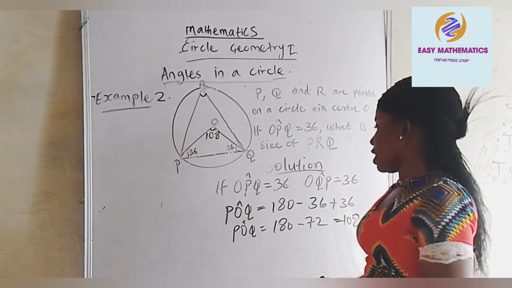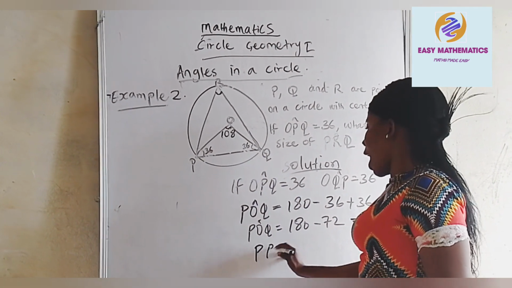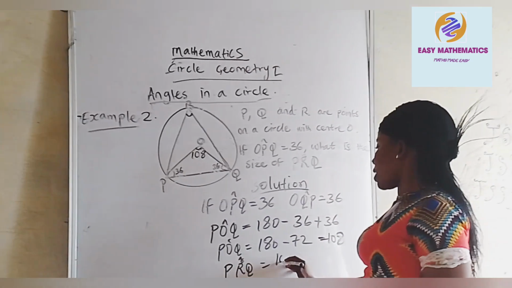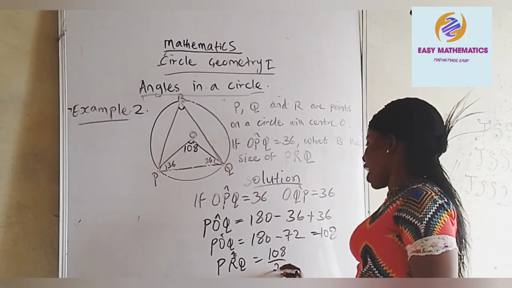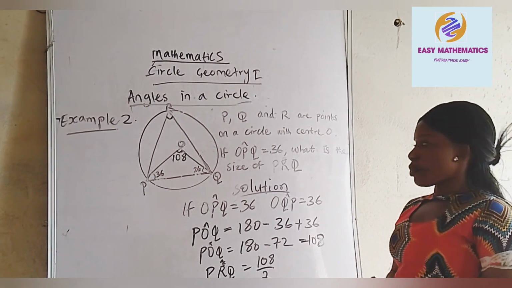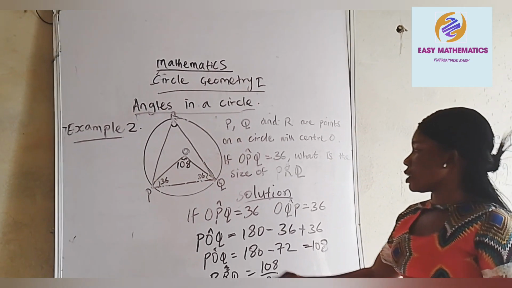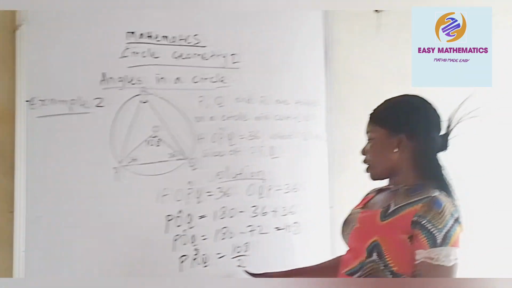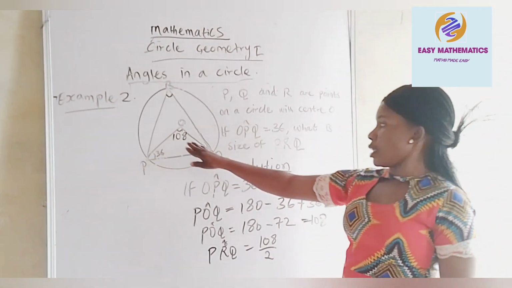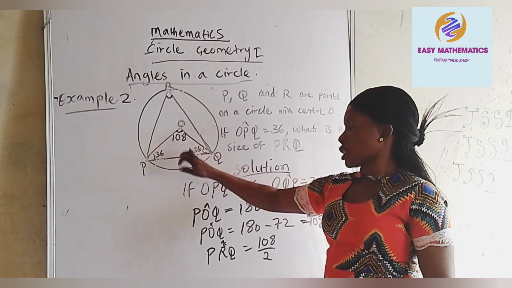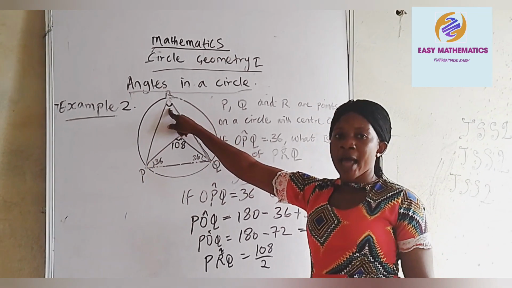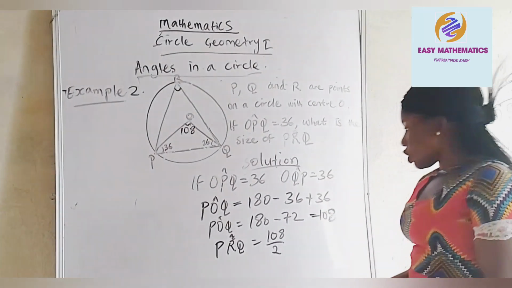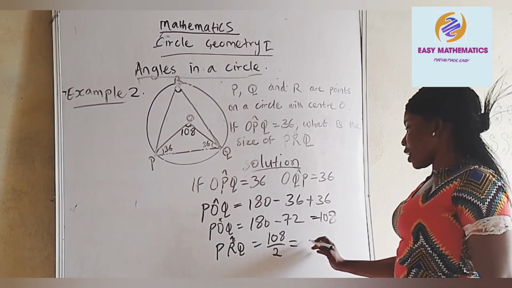So which means that our PRQ will be equal to 108 divided by 2. That is the angle suspended at the center divided by 2 gives the angle suspended at a point on the circumference. So 108 divided by 2 will give us 54.